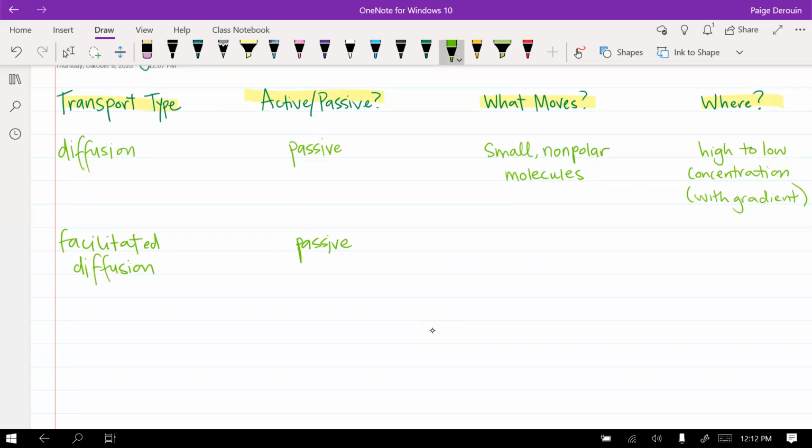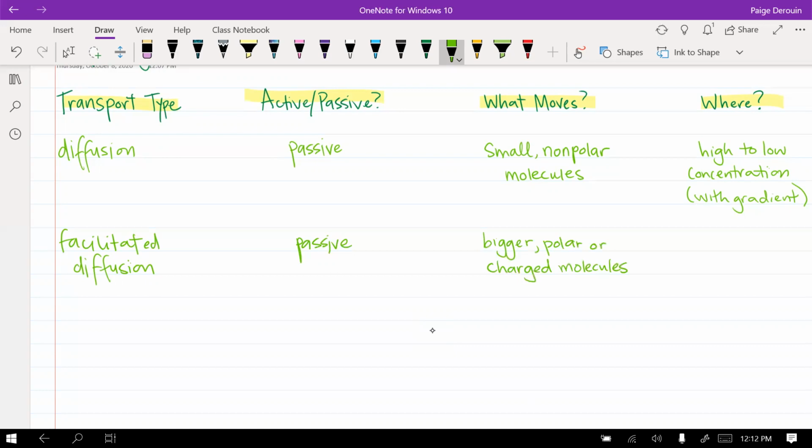Okay, so now Toby, what's going to move? This one will be polar, right? So this is going to be bigger. I'm not saying big because not as big as like endo and exocytosis, but bigger. Polar or charged molecules.